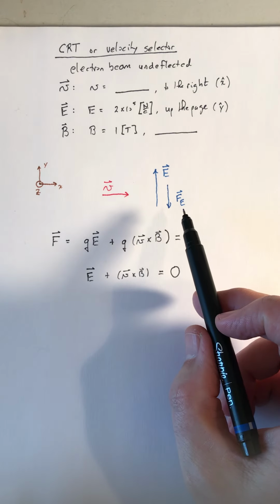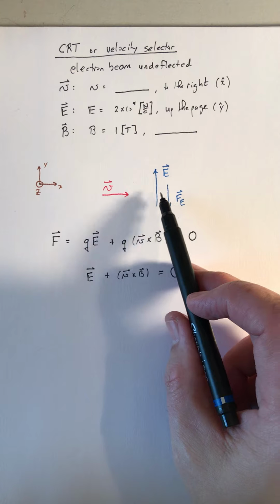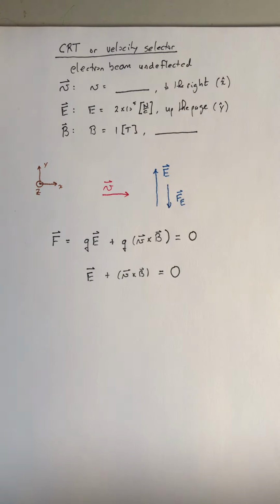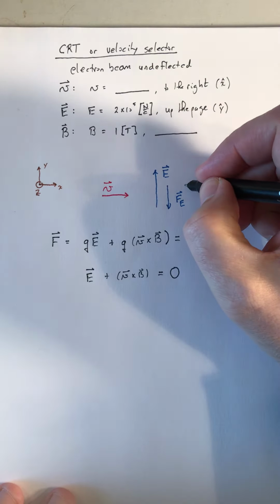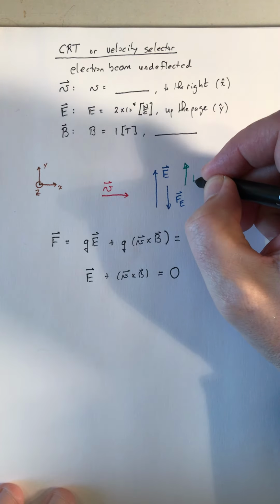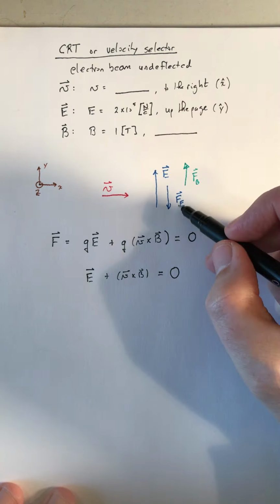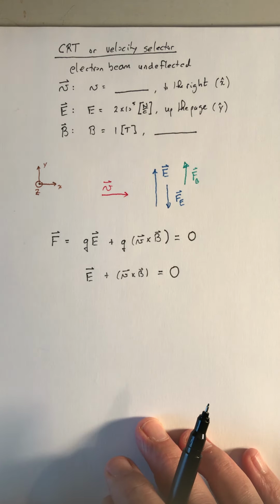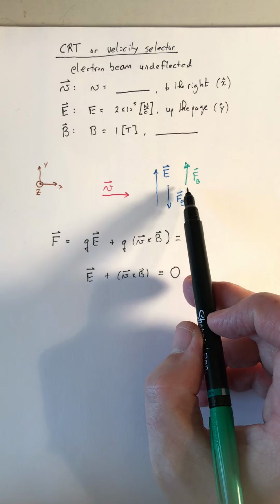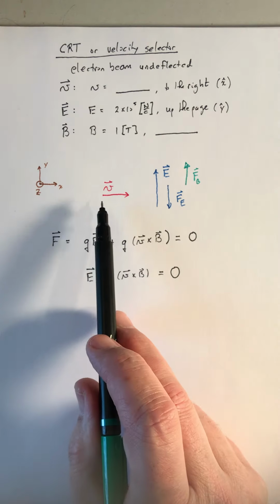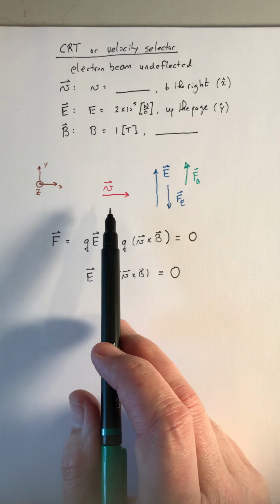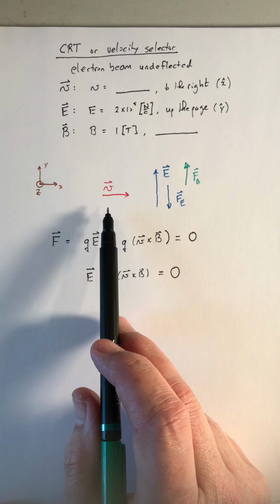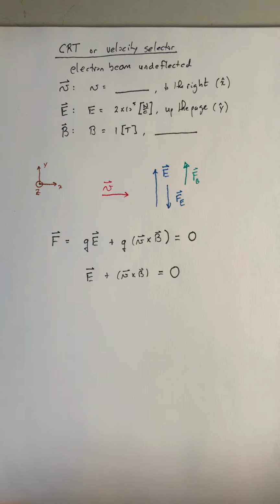If the force on a negative charge due to the electric field points down, that tells us we're going to want to have a magnetic force that points up, because then I could get these two vectors to cancel out and sum to 0. So now I know the magnetic force is going to point up the page, and the velocity points to the right. So what direction of a magnetic field is going to make that true?